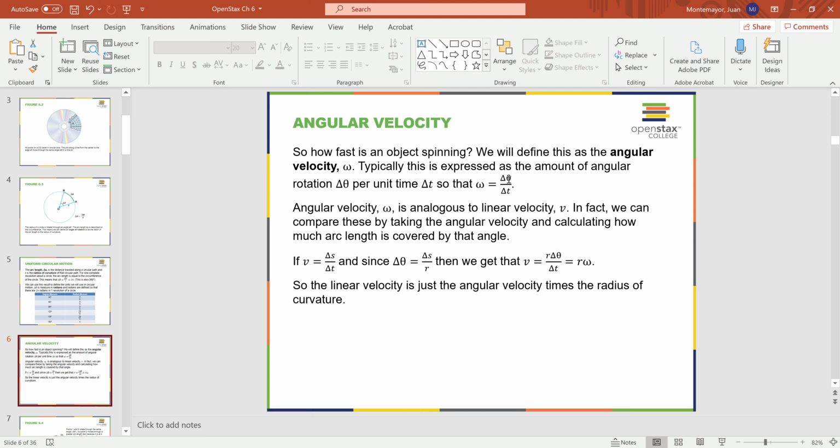But since we know that delta theta over delta t here is equal to omega, which is our angular velocity, we end up with our radius times our omega. So the linear velocity is just the angular velocity times the radius of curvature, which, think about it, makes a little sense. You still have to take into account the velocity that is going on, but you have to include the radius as well.